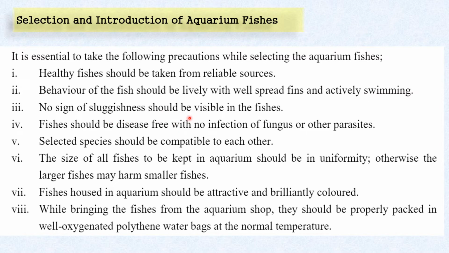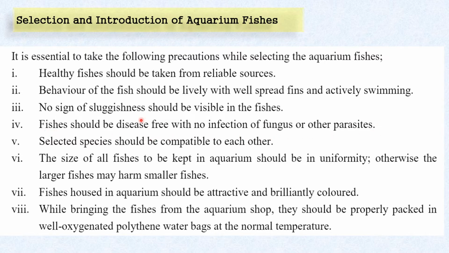Then no sign of sluggishness should be visible in the fishes. If the fish which you are trying to purchase is sluggish, showing sluggish behavior, then you should avoid buying it. Fishes should be disease free, with no infection of fungus or other parasites. It is difficult to find out whether a fish is infected or not.